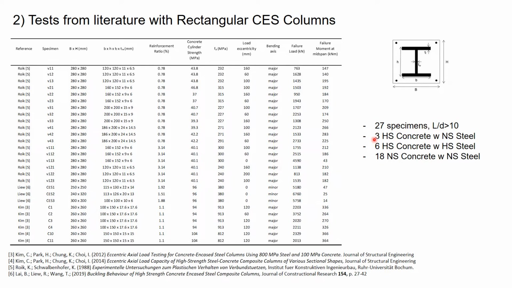Of these 27 specimens, 3 were high-strength concrete with normal strength steel, 6 were high-strength concrete with high-strength steel, and 18 were normal strength concrete with normal strength steel. So most of the tests were normal strength concrete with normal strength steel. So there aren't many tests which are done with these sections and which are relatively slender. And here you can see the references we took these test results from.